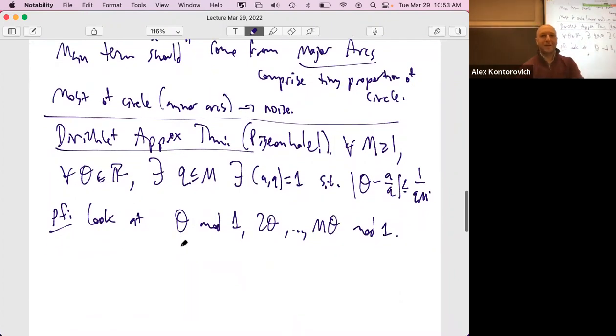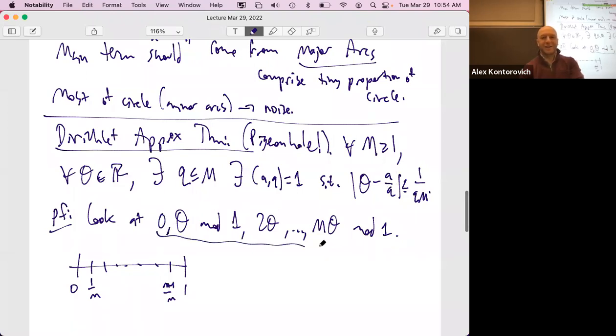If I look at bins of size 1 over m between 0 and 1, there are m bins. I have to look at 0 times theta too, and 0 over 1 is a perfectly fine fraction. So there are m plus 1 values, but only m bins.